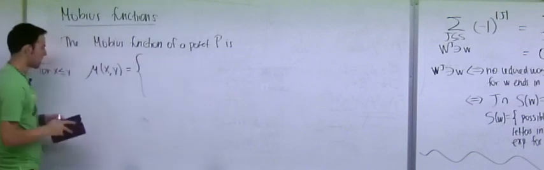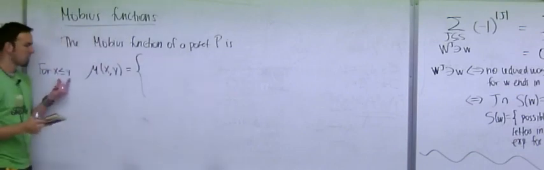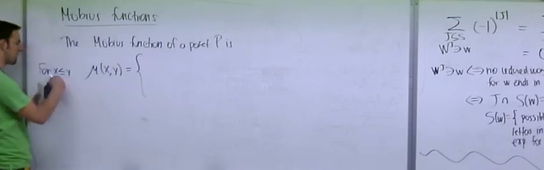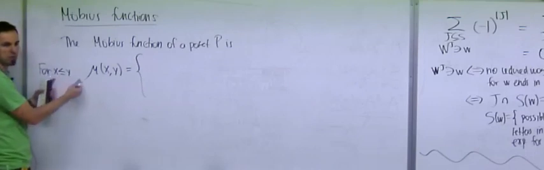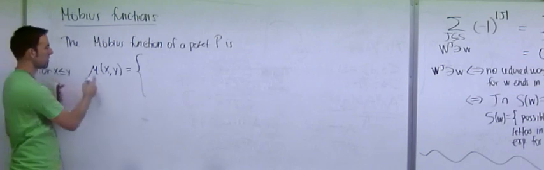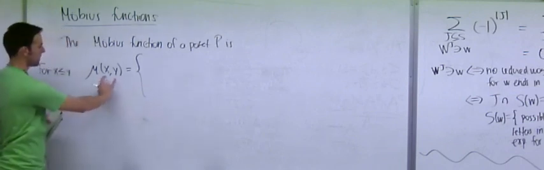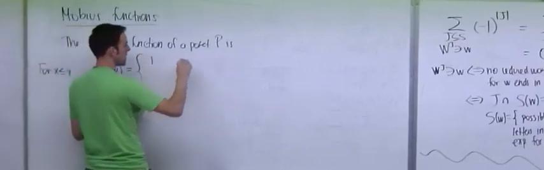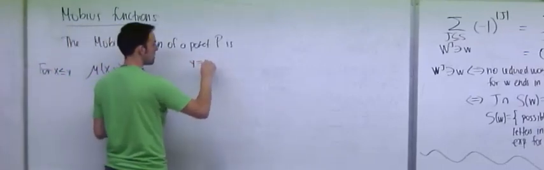So what's the initial case? Well, y has to be bigger than or equal to x, so the smallest that y could be is x. If these two are equal, then the Möbius number is 1. So 1 if y is equal to x.